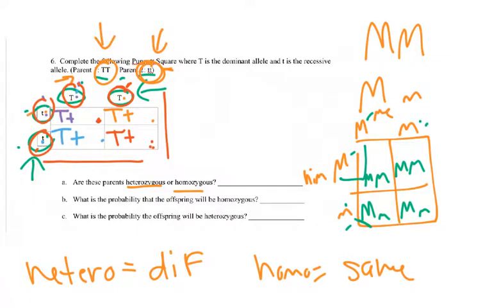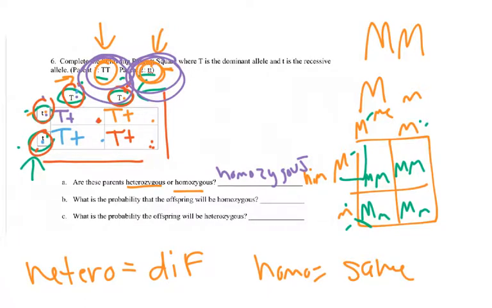So although they will be creating heterozygous children, both parents themselves are actually homozygous because they both have the same letter. There's no uppercase, lowercase mixture. One parent's all uppercase, one parent's all lowercase.